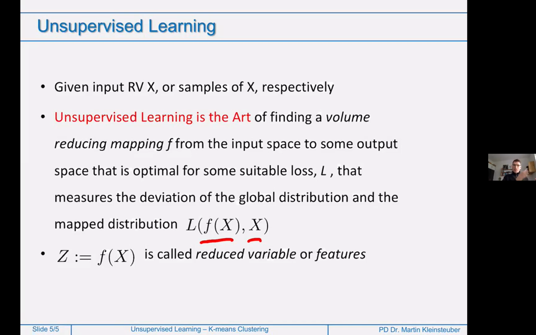You can compare all images that you have, and you map them to some lower dimensional space, to features that are sometimes abstract, but have a much lower dimension than your original input space.